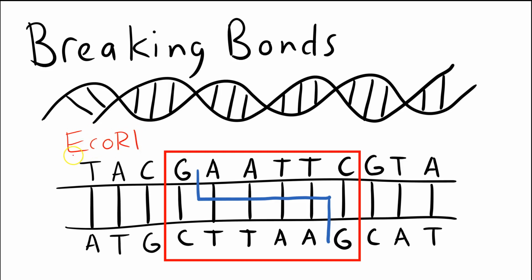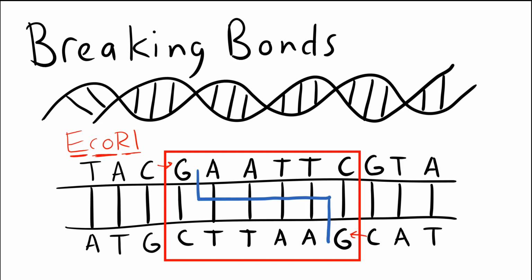So again, E. coli is the name of the organism that this one was discovered in. So we get EcoR1. EcoR1 recognizes the sequence GAATTC, and you can see it on both sides of the molecule here, proceeding in either direction, GAATTC.